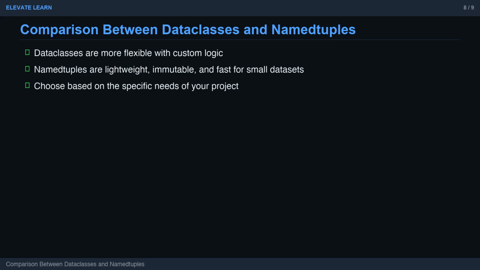On the other hand, namedtuples are lightweight, immutable, and incredibly fast, especially useful for small datasets where immutability ensures consistency across operations. They're like tuples but with named fields, making them easier to work with than traditional tuples while still maintaining their speed. The key takeaway? Choose based on your project's specific needs. Data classes for more complex logic, or namedtuples for simplicity and performance when handling small datasets.